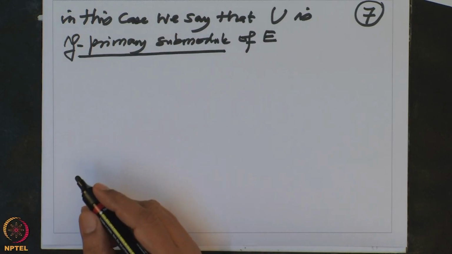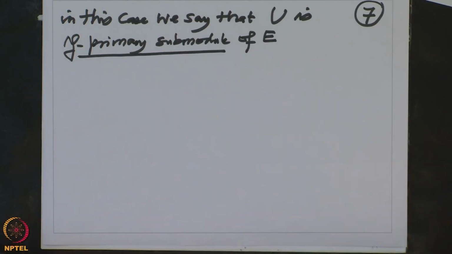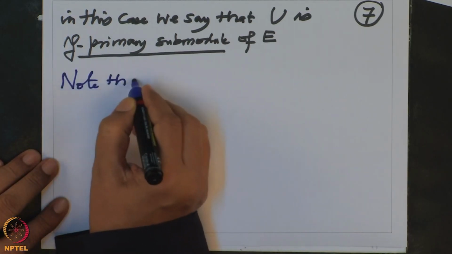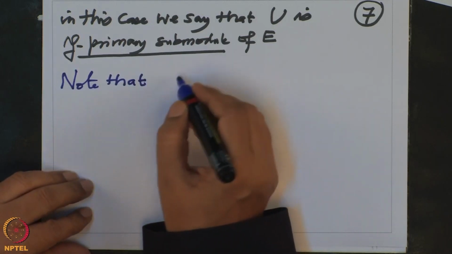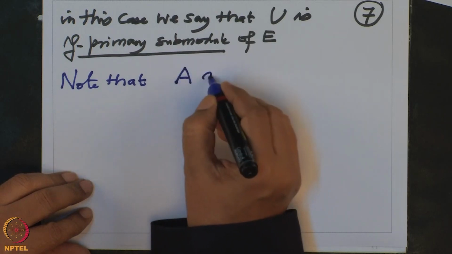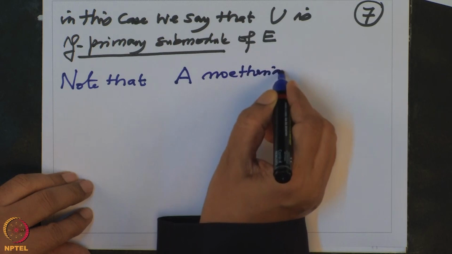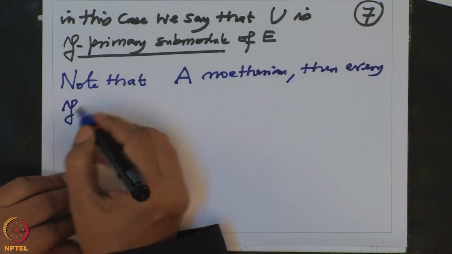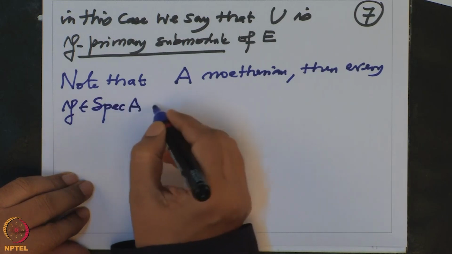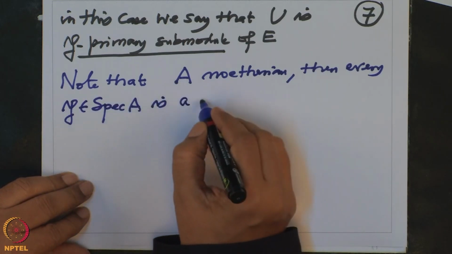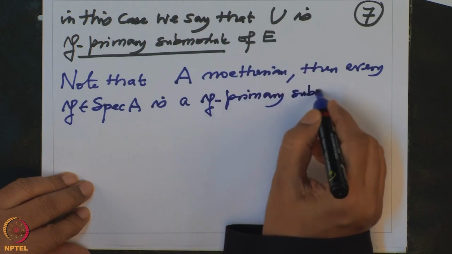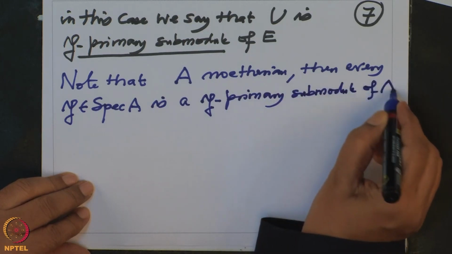All right, let us see some examples. Note that if I take a Noetherian ring A, then every prime ideal P is a P-primary submodule of A. That means what?